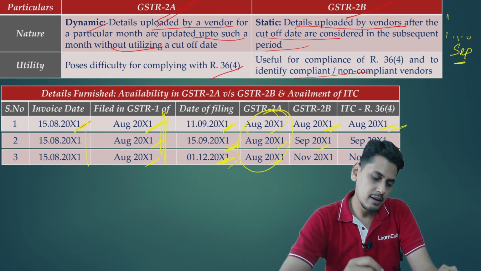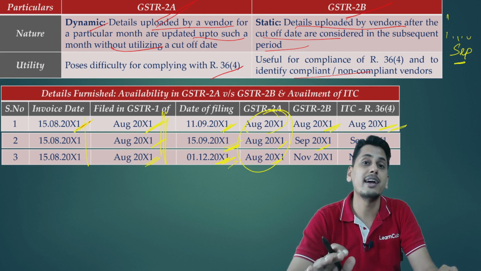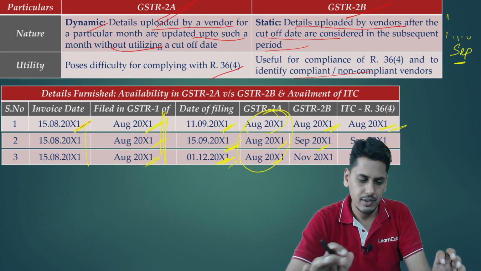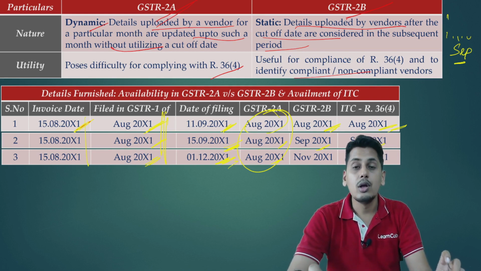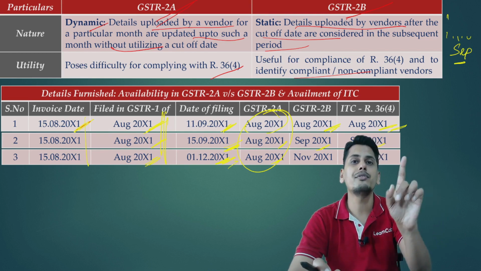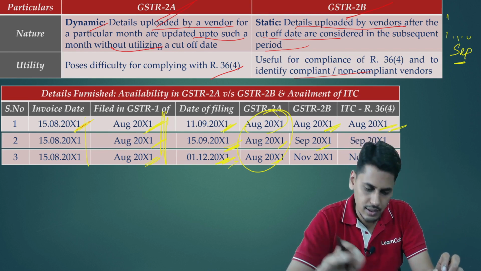Now friends, for it to appear in 2B of August, it should have been filed by 11th of September. Is it done? No. For it to appear in 2B of September, this should have been filed by 11th of October. Is it done?